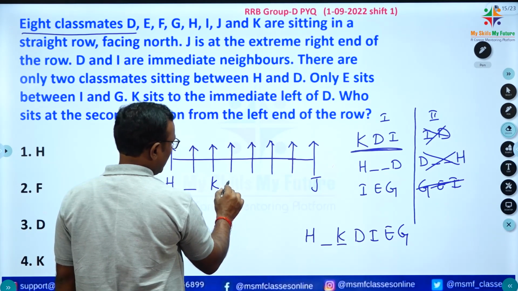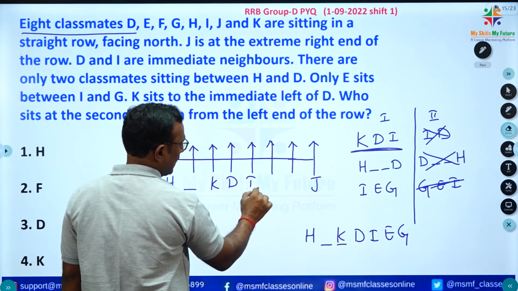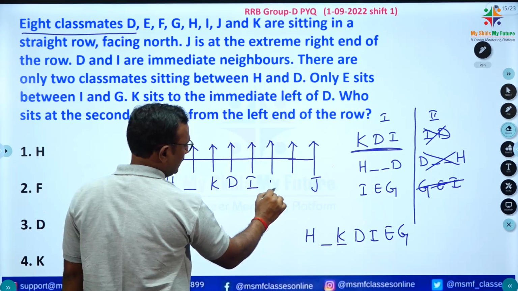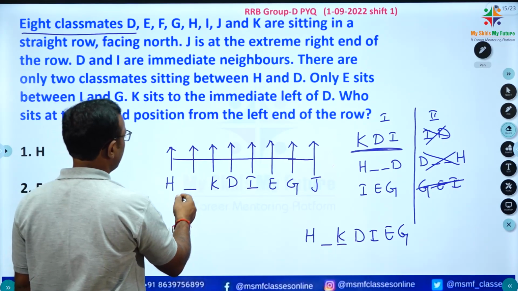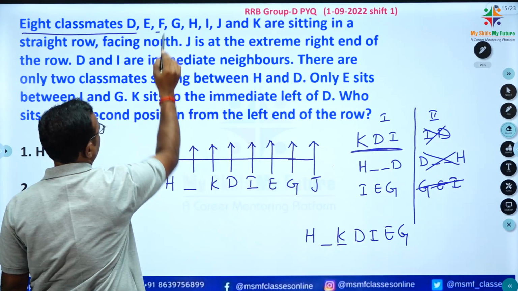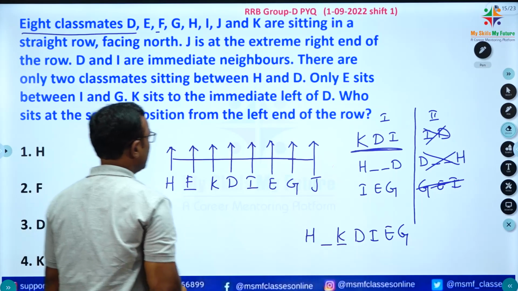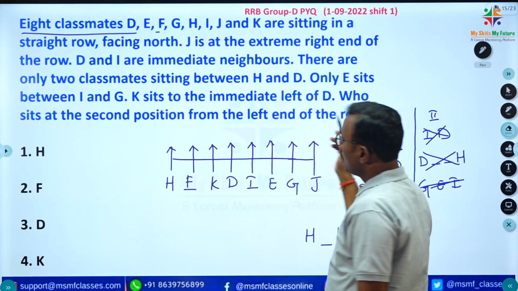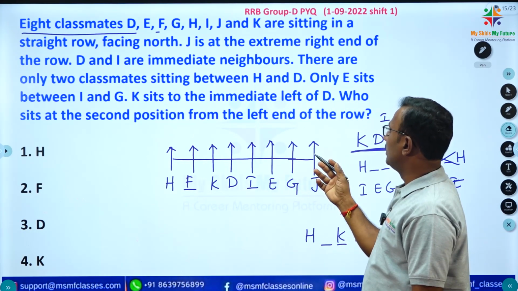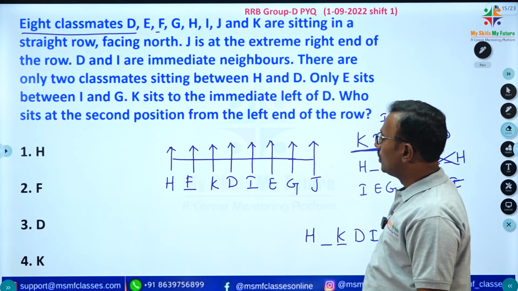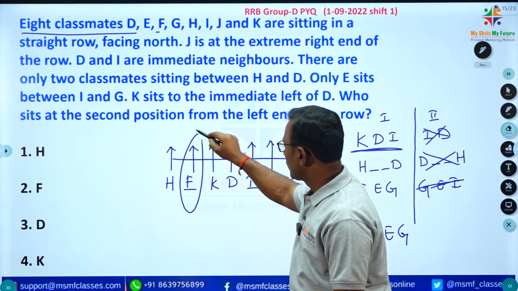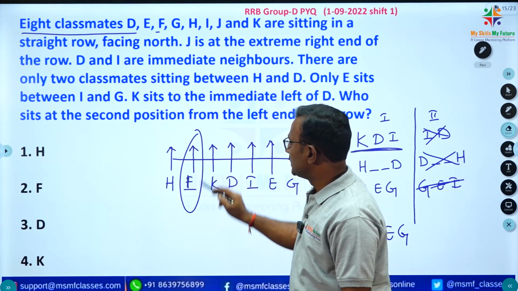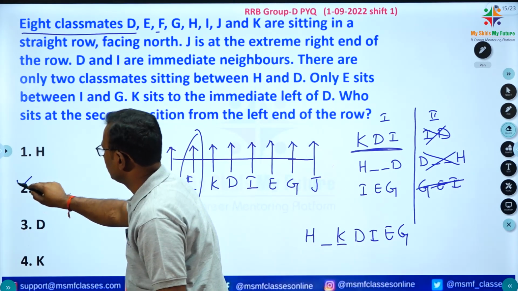K, D, I, E, G. Only one person is pending there. Who is that person? So F is there. What is the question? Who sits second from the left end of the row? So second from the left end of the row is this. So F sits there. Option 2 is correct.